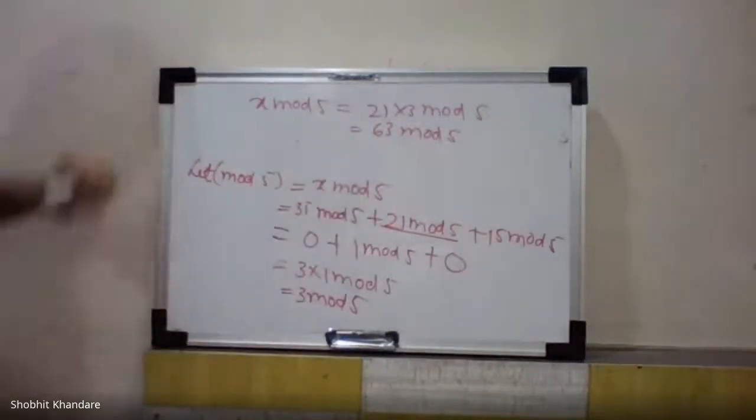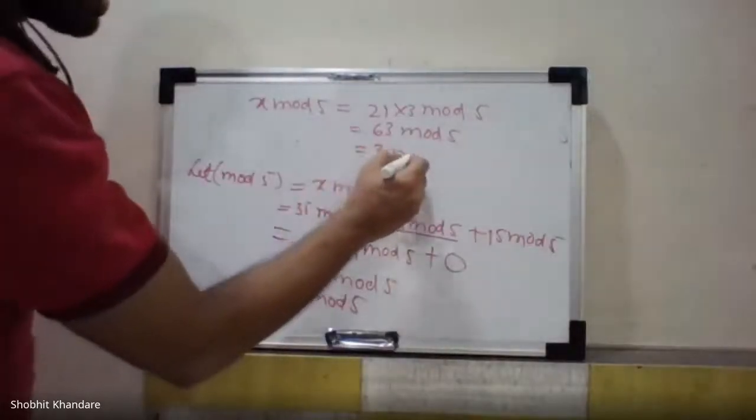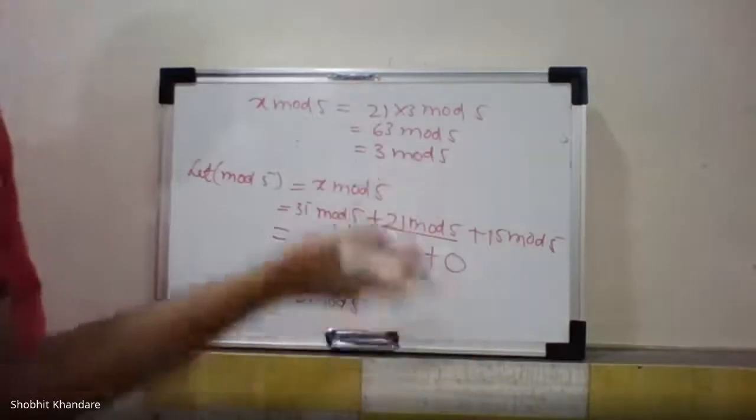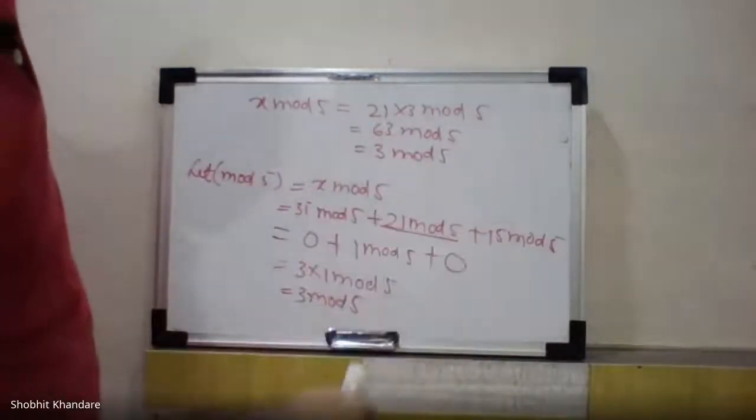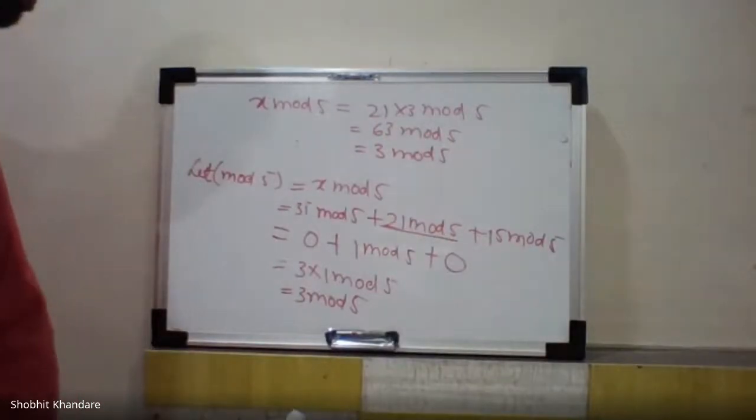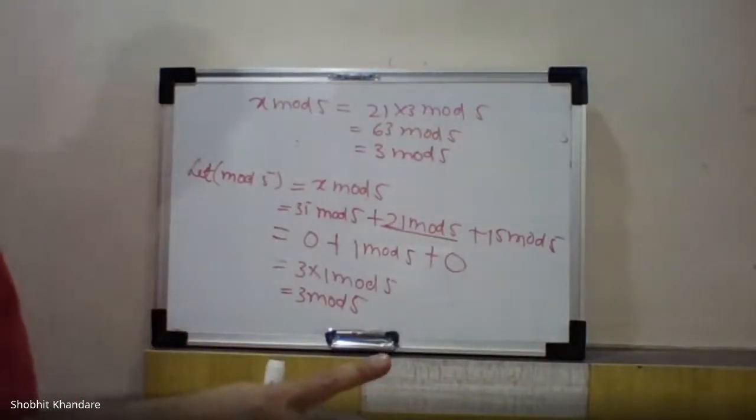Tell me 63 mod of 5. 3. Yes, it is 3. 3 mod of 5 means 3, which is what was given in the second problem statement.